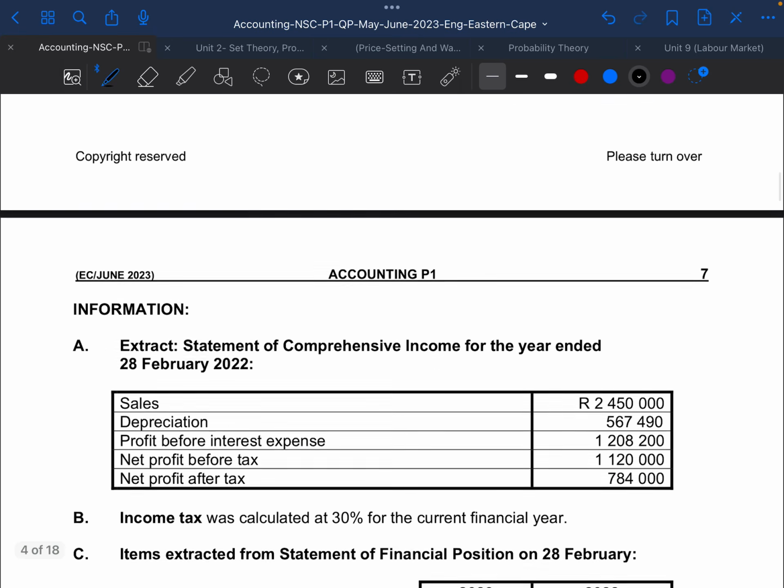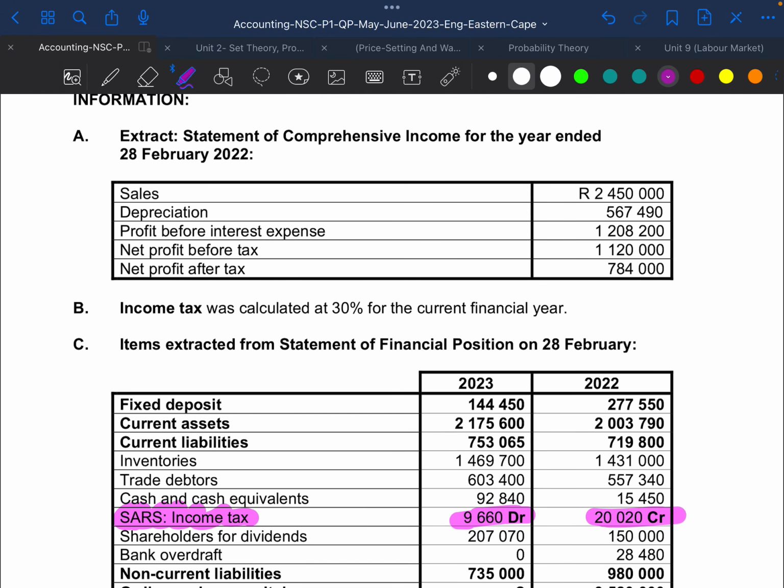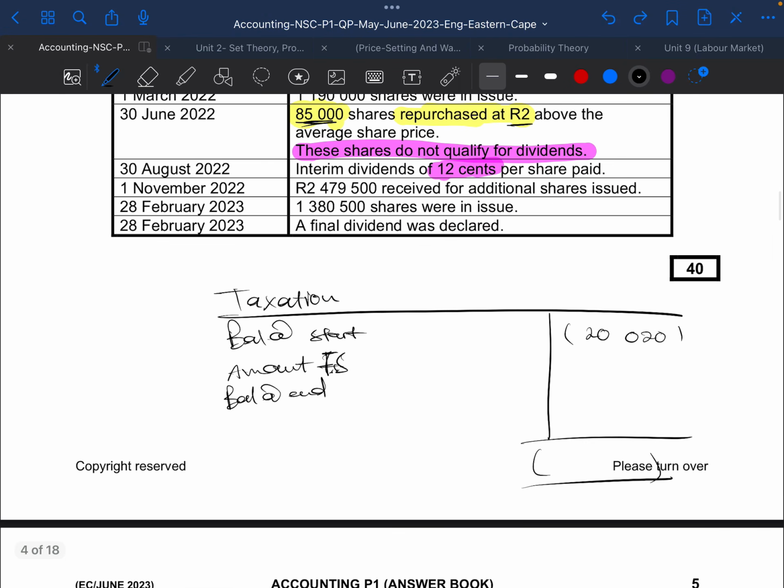Then the amount from the financial statement, which is your income statement, you extract from the statement of comprehensive income. Here they say income tax was calculated at 30% for the current financial year. Because we're not given any income tax in this information, we're supposed to calculate the income tax for the current financial year on our own.